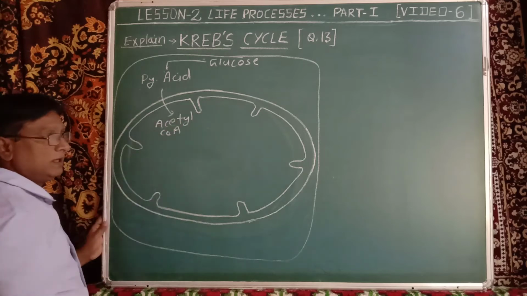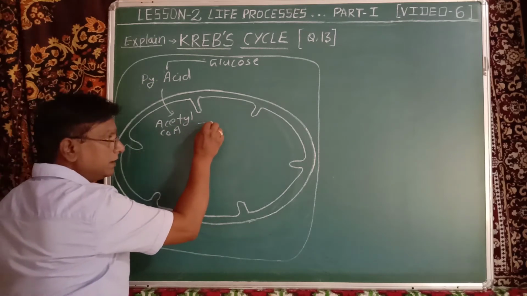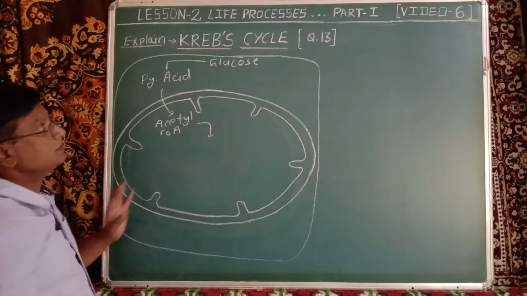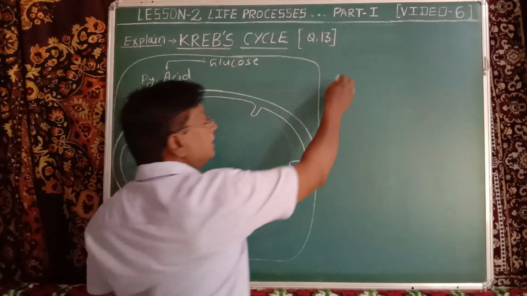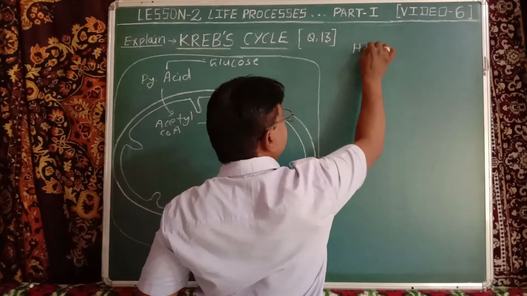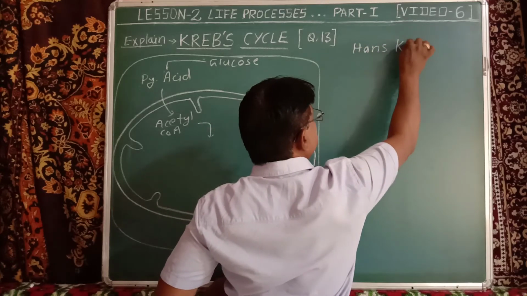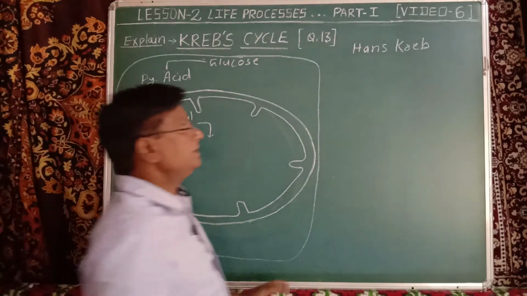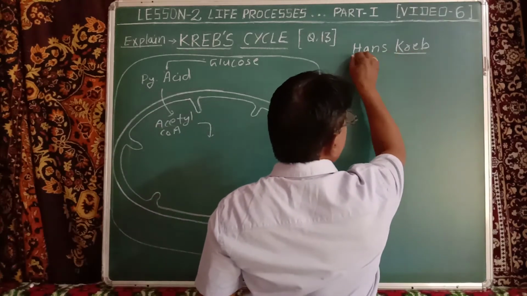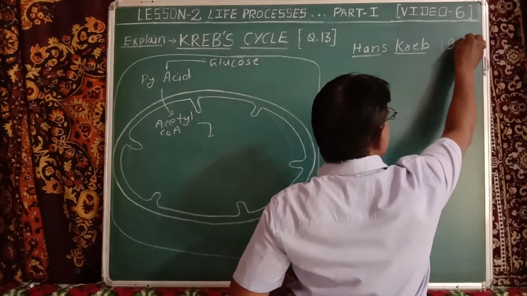This acetyl-CoA now undergoes a cyclic reaction which is called the Krebs cycle. This Krebs cycle was discovered by Hans Krebs. Hence it is called Krebs cycle. He got the Nobel Prize in 1953.